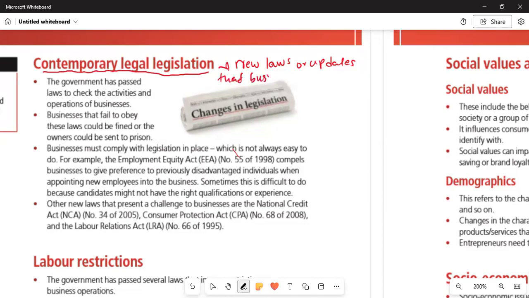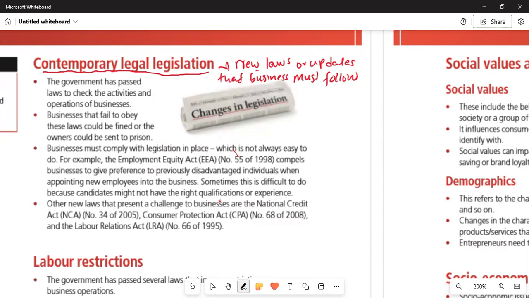For example, laws about consumer protection or environmental safety. So when you're talking about contemporary legal legislation, these are the new laws that business must follow.